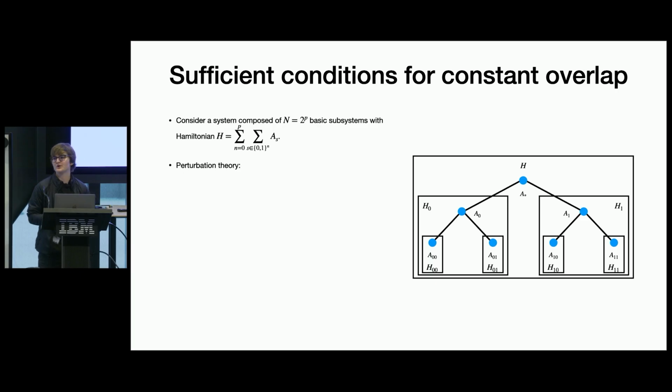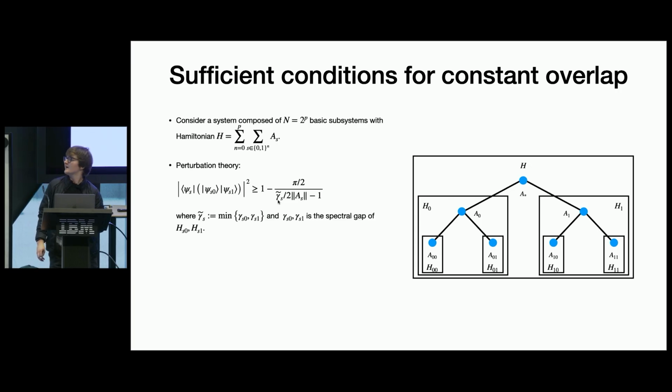And what we do is we show using perturbation theory that the overlap between the tensor product of the child nodes and the actual ground state that we care about is lower bounded by this expression. And the key point here is this ratio of gamma tilde, which is the spectral gap of the Hamiltonians of the child nodes, divided by the norm of the new interaction term.